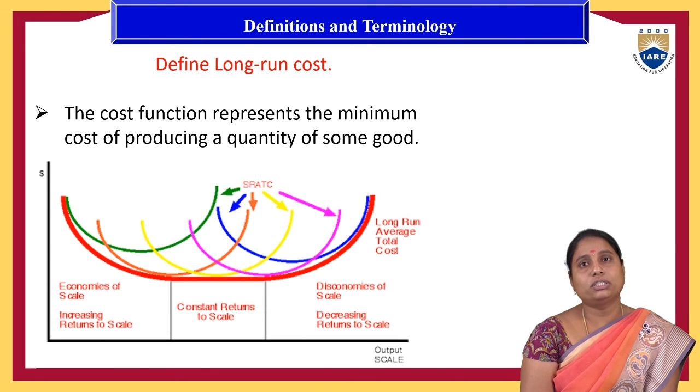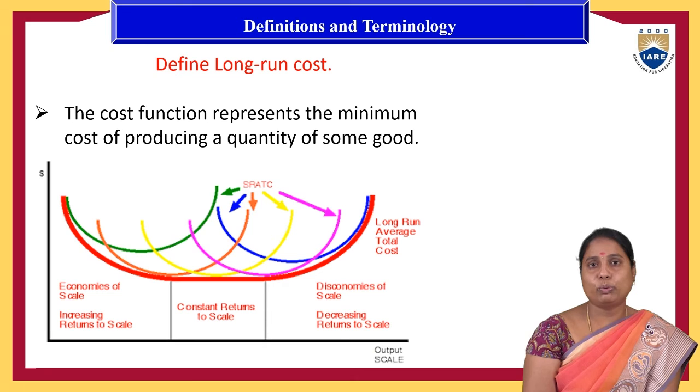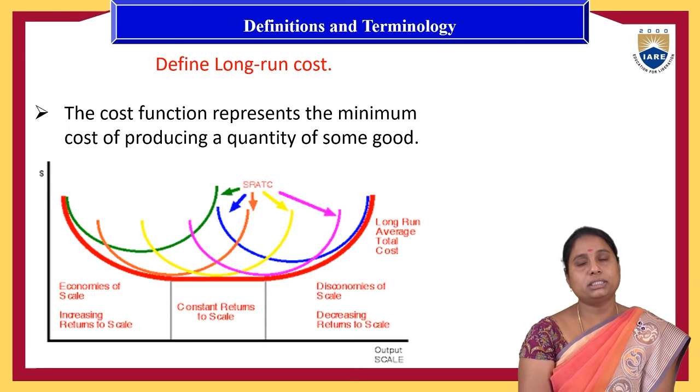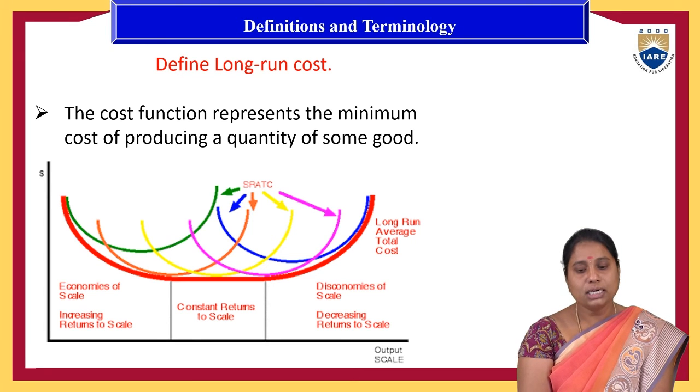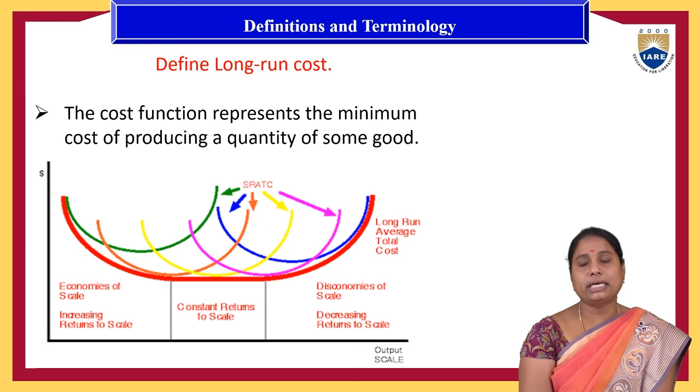The cost function that represents the minimum cost of producing a quantity of some good, taking both variable and fixed elements into consideration, will be called the long run cost. Generally, if a business is newly established, they will focus more on changing the inputs than changing the fixed elements.